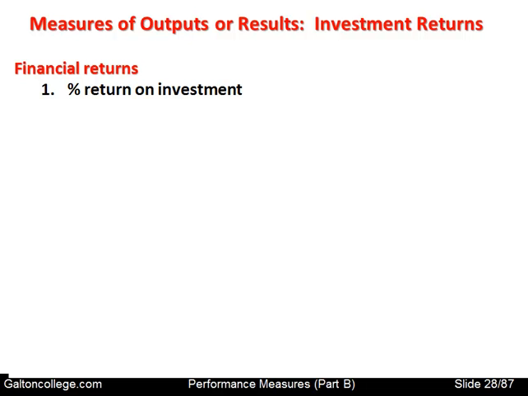And if nothing else, look at the opportunity cost of the investment. In other words, look at what was given up in order to buy that piece of machinery, let's say. Because the money could have been used perhaps somewhere else and used more efficiently somewhere else. So it's important to look at the return on the investment.